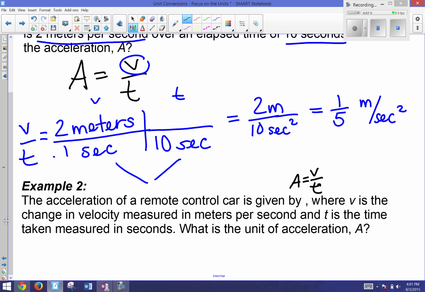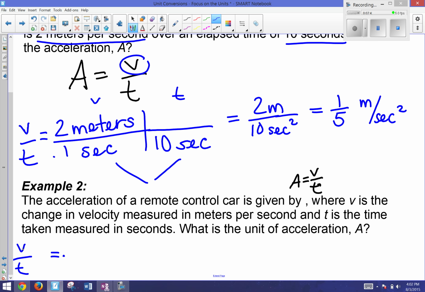Well, how we would approach this problem is the same as we did the first example. If we are given that acceleration equals velocity over time, we know the formula and we know the units. So we're going to plug those units in for each of those values in the formula. V is the change in velocity measured in meters per second.